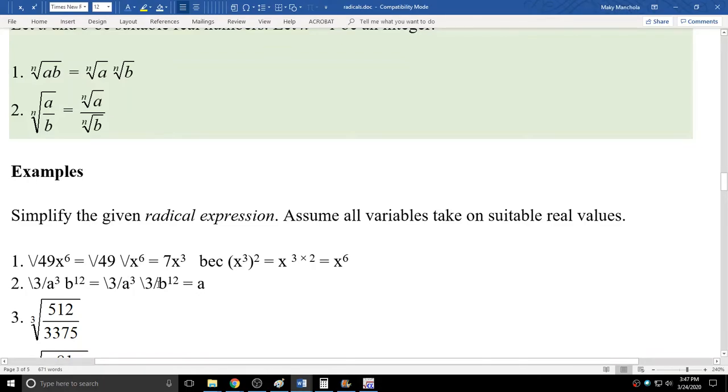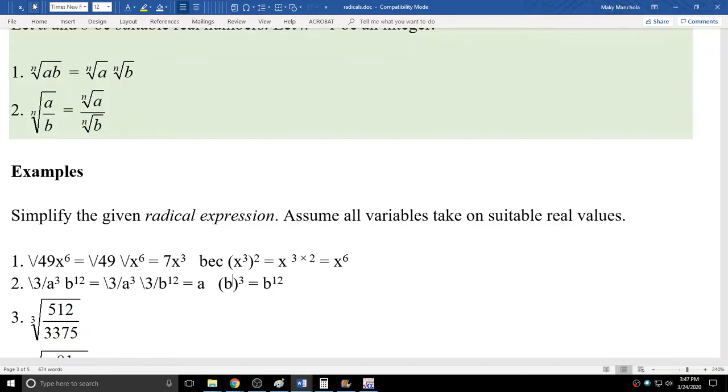Next question. What do you raise to the 3rd power to get b to the 12th? Well, it has to have a b in it, and it has to have a power in it as well.